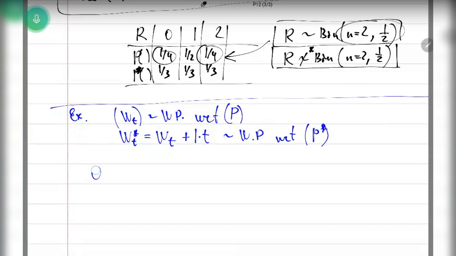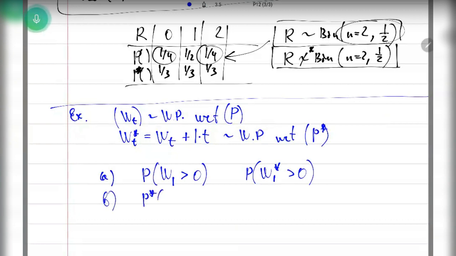My question, point A: calculate the probability that W1 will be bigger than 0. Calculate the probability that W1 star will be bigger than 0. And point B: calculate the probability star that W1 will be bigger than 0. And calculate the probability star that W1 star will be bigger than 0. Calculate these probabilities.